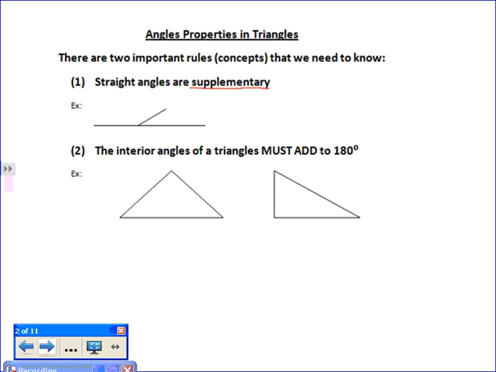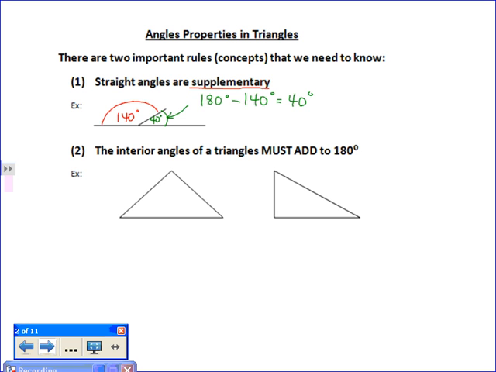For example, if this was 140 degrees here, to figure out what that other angle is, it's simply 180 degrees subtract 140 degrees, which comes to 40 degrees. And there's my answer. So I know that any supplementary angles have to add up to 180 degrees. This is always true.